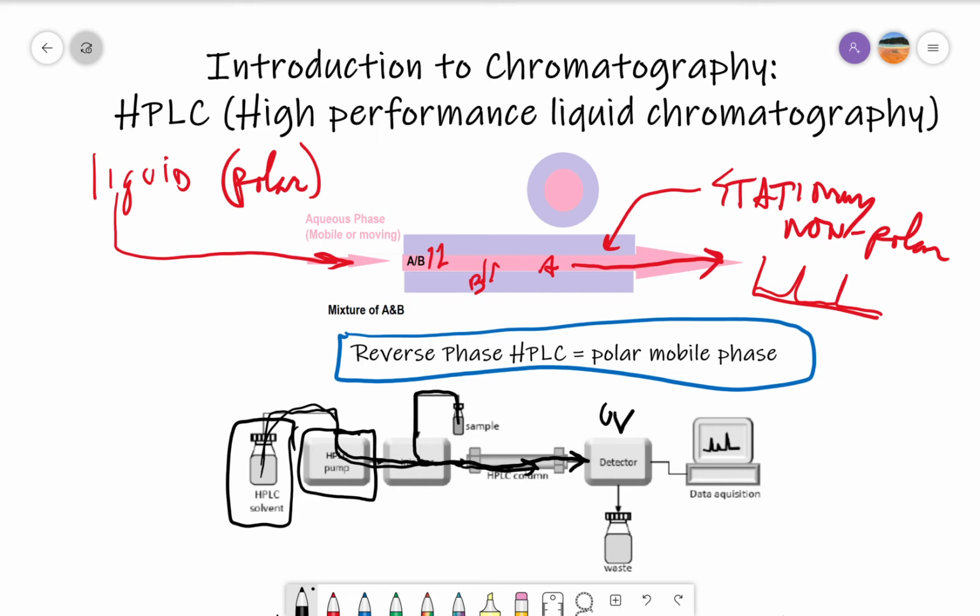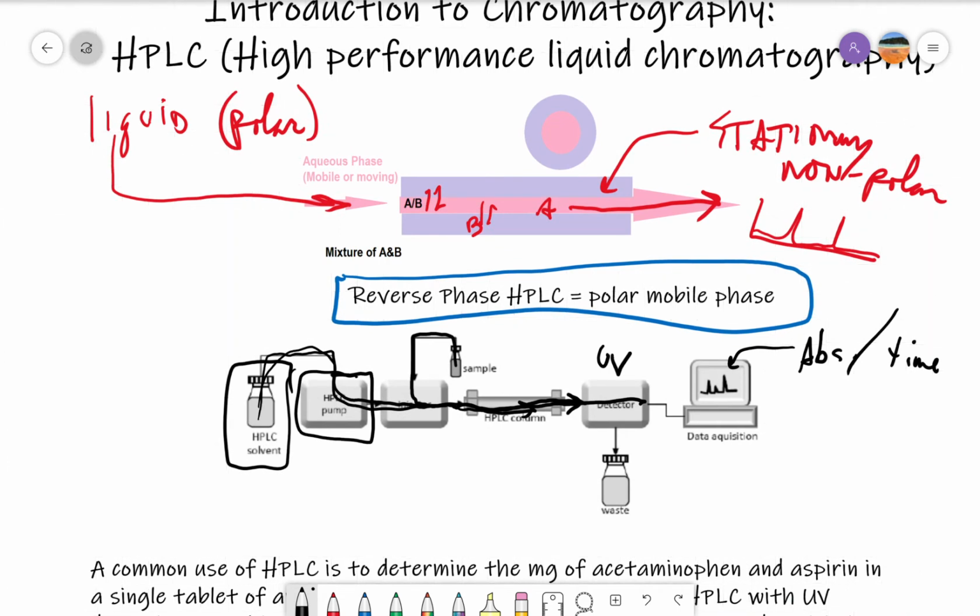So as the mixture exits the column, it goes past a UV detector which measures the absorbance as a function of time. Quantification then is done based on the area or the absorbance of those peaks in the chromatogram.